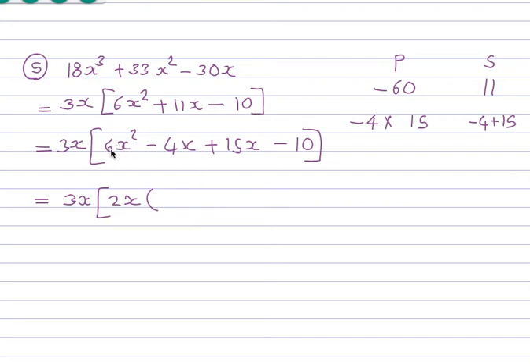What is left here? 2 times 3, 6, and 1 more x, minus 2 times 2, 4, x already taken out. From the last 2 terms we can take common 5. 5 times 3, 15, and x, minus 5 times 2, 10. Okay. Make sure the bracket portion is the same.